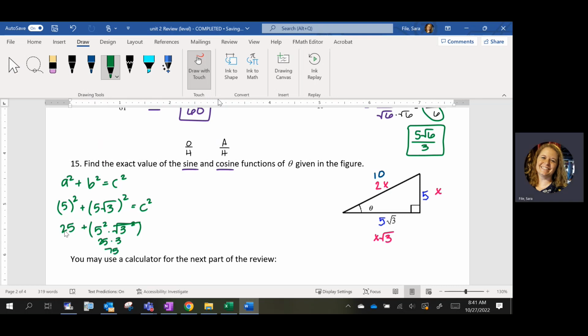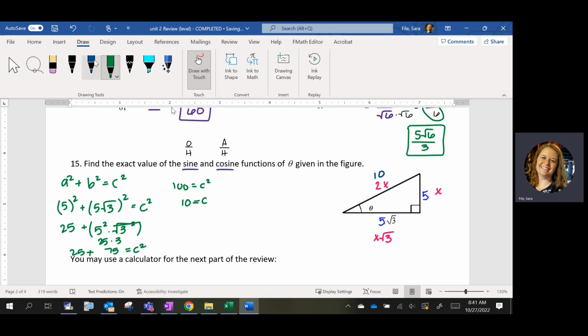And you've got this plus 25. So that's 100, right? Well, 100 is my c squared. And then I take the square root, and the square root of 100 is 10. So you see, doing the Pythagorean theorem gets us the hypotenuse is 10, or recognizing the 30, 60, 90 relationship gets us that it's a 10.